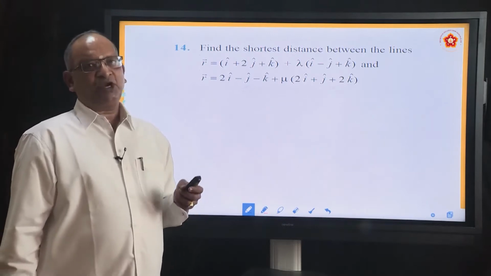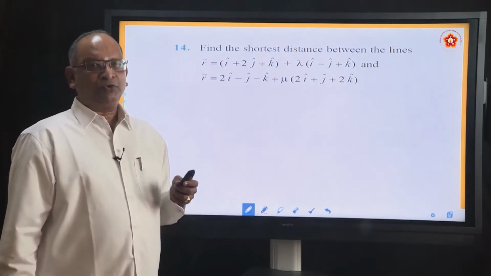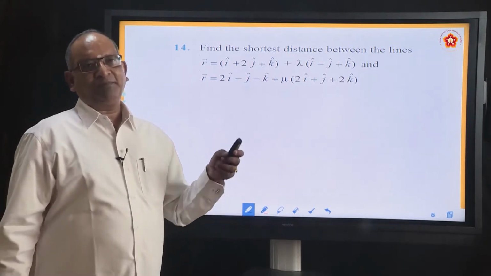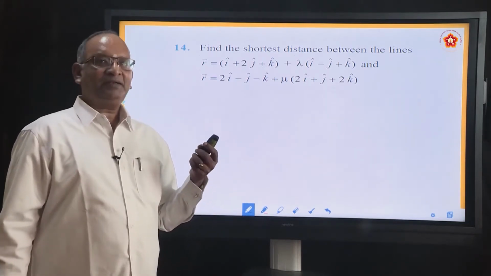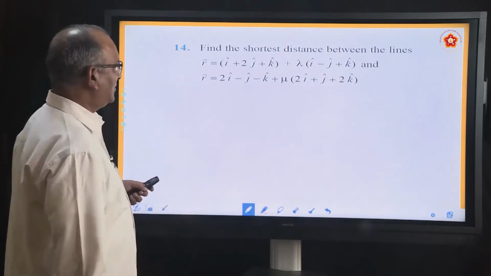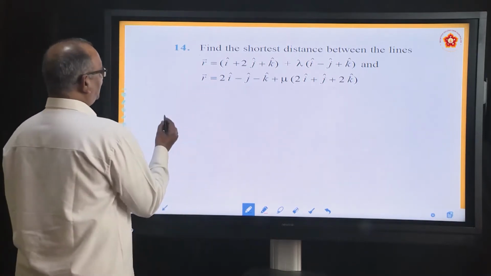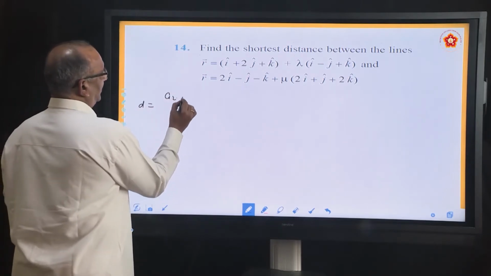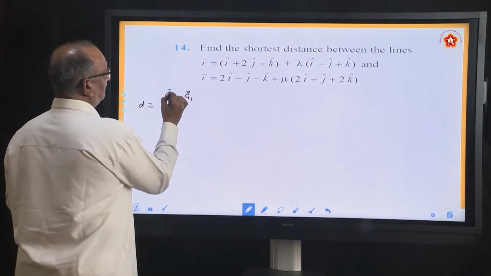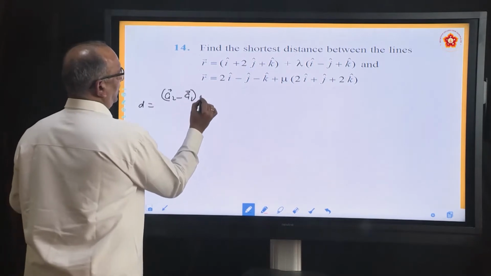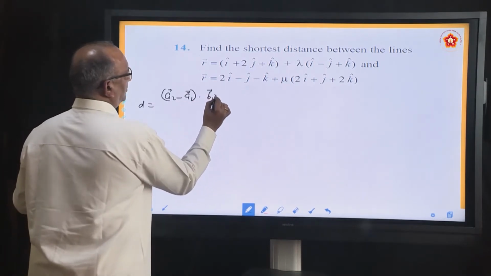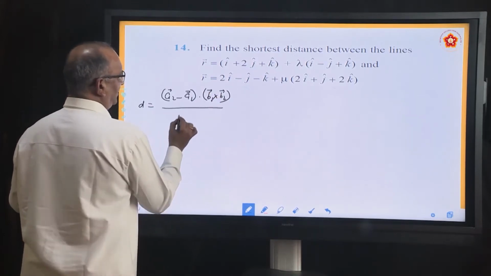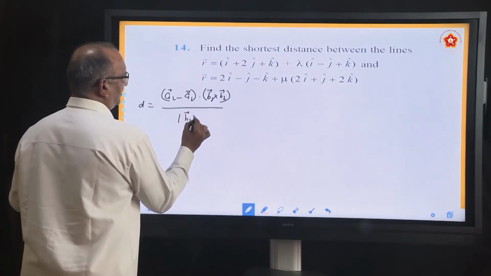In order to solve the shortest distance problems, you need to know what are A1, A2, B1, B2, and then know the formula. So, the shortest distance formula is D is equal to (A2 minus A1) dot (B1 cross B2), divided by modulus of B1 cross B2.